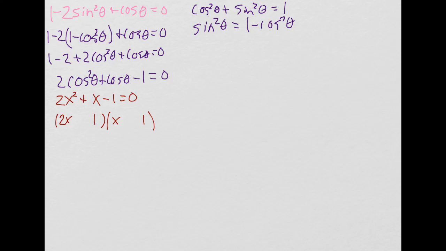Middle term x is a positive 1, so if we make that positive and that negative, you can check this in your mind. 2x times x is 2x squared, 2x times 1 is 2x, and negative 1 times x is negative x, so that's where you get that positive x, and then we get negative 1 times 1 is negative 1, so we're good.